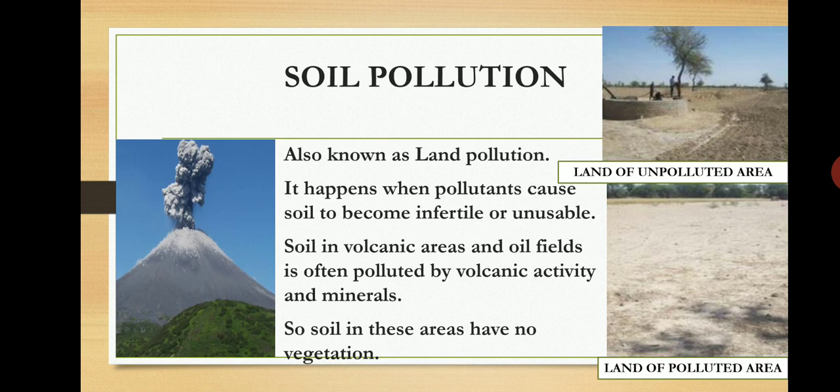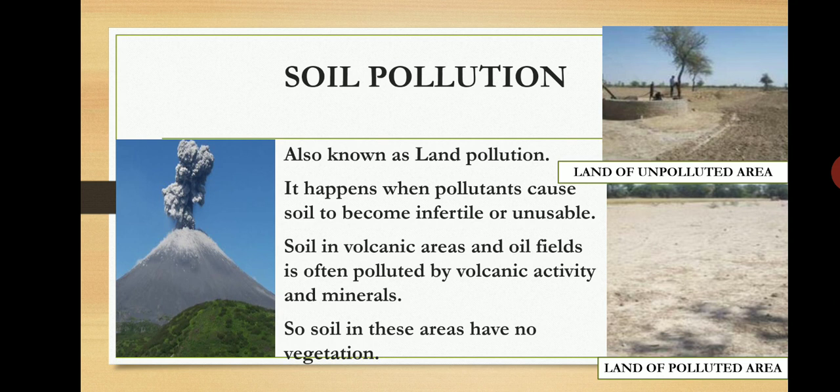Now, if you have to define soil pollution, how will you define it? Soil pollution happens when pollutants cause soil to become infertile or unusable. Please repeat. Soil pollution happens when pollutants cause soil to become infertile or unusable.